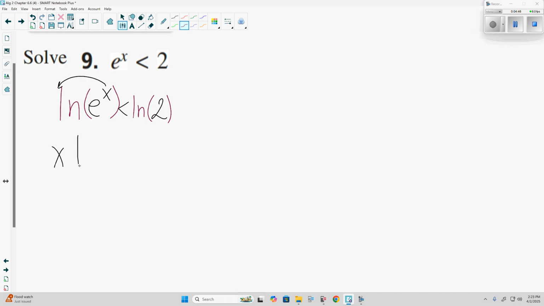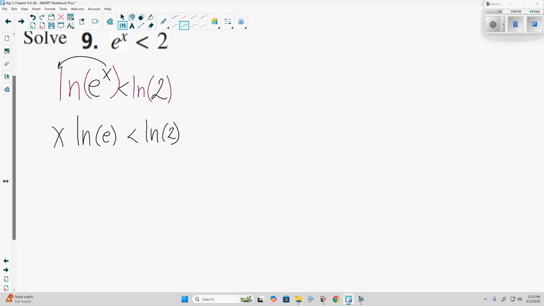We move the x to the front, telling us that we have x times the natural log of e is less than the natural log of 2. Natural log of e is 1. So 1 times x is just x is less than the natural log of 2.